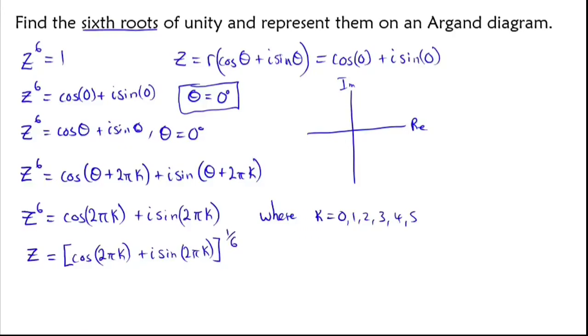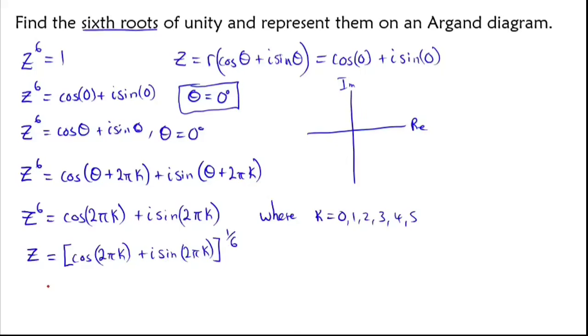So now, if this is the case, then I can use De Moivre's theorem. De Moivre's theorem says that the power that I have there can multiply with the angle that I have inside there. So it will look something like this.